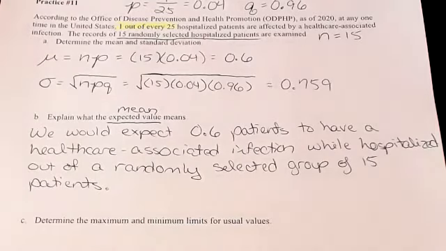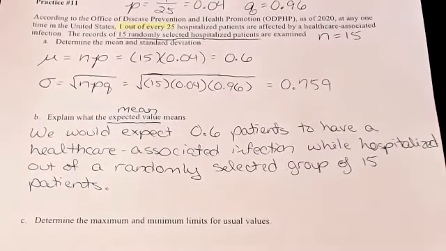This one's interesting because we can't quite say that we would expect one patient to have a healthcare associated infection because we don't have a full patient. We have 0.6. And I know you're thinking, but you can't have 0.6 of a person. But I'm uncomfortable rounding up to 1 because we don't have that value.